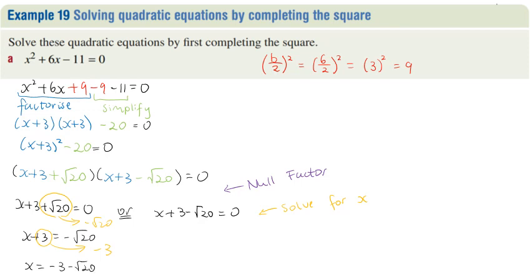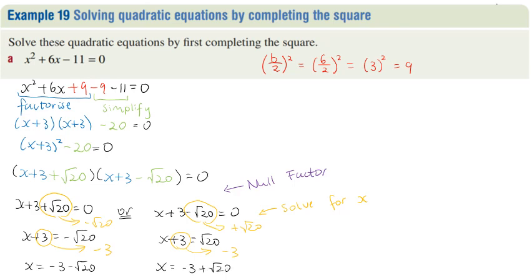Or our other one, the opposite of minus square root of 20 is plus the square root of 20. So I've got x plus 3 equals square root 20. And the inverse of plus 3 is minus 3. So I've got x equals negative 3 plus the square root of 20.